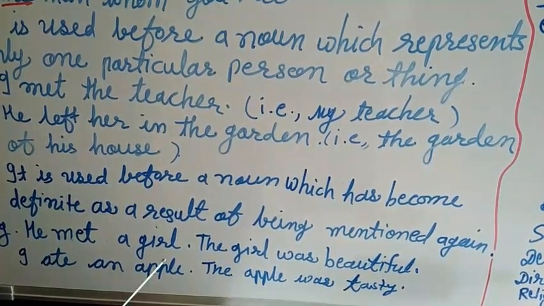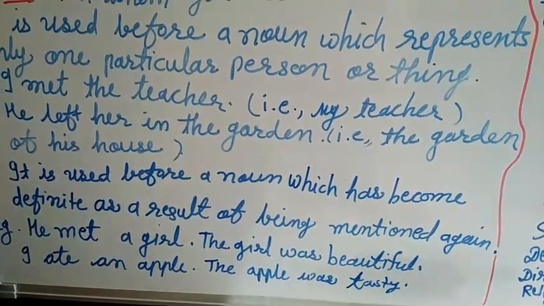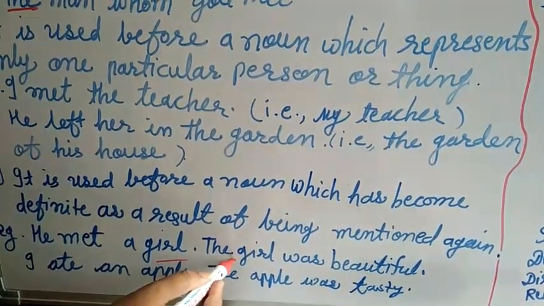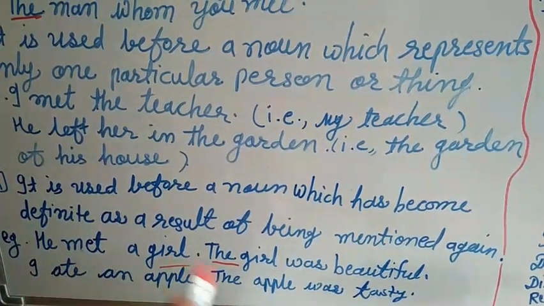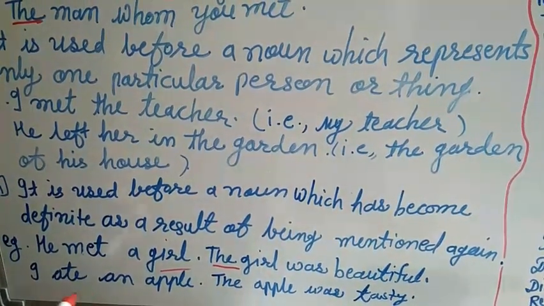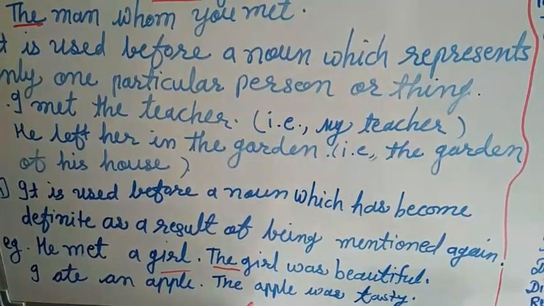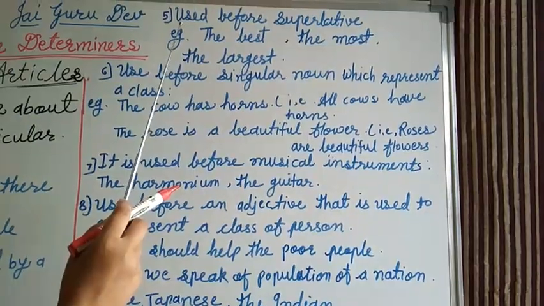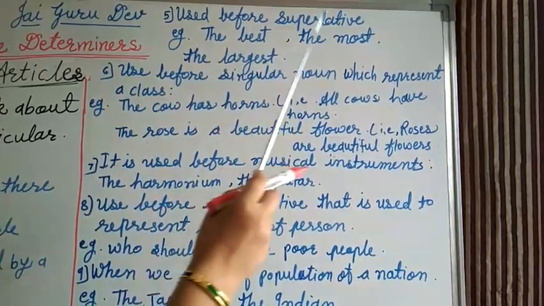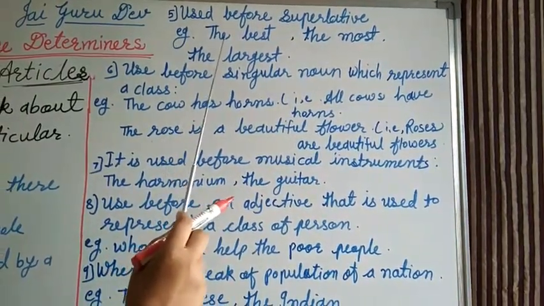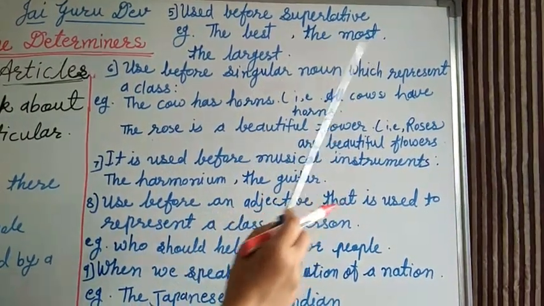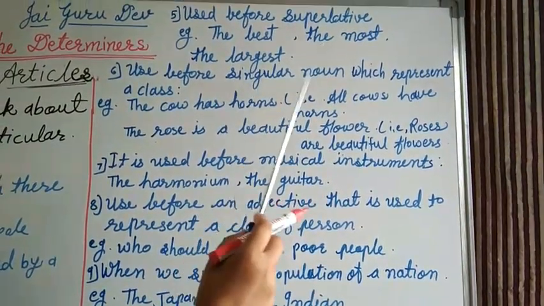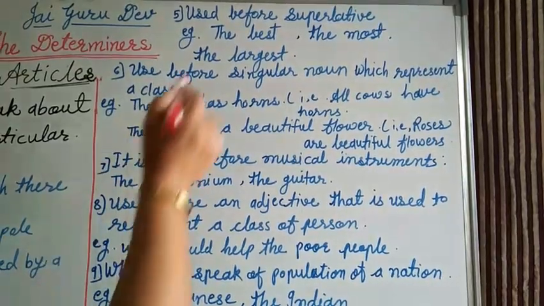He met a girl. So the second time we talk about the girl, it is "the girl". The girl was beautiful. I ate an apple. The apple was tasty. Used before superlatives. Example: the best, the most, the largest, the happiest. Whenever the superlative degree comes, we have to use "the".